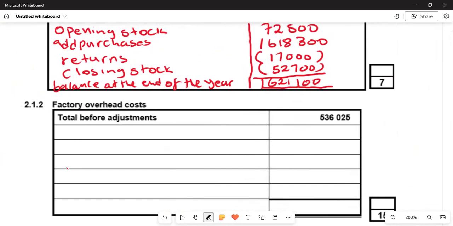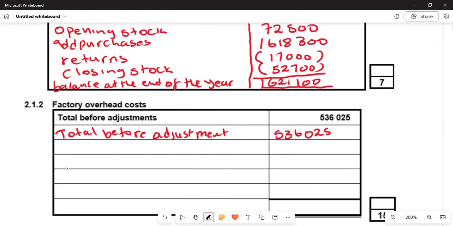Remember, we were told that we have a total before adjustment of factory overhead, a total before adjustment of 536,025.